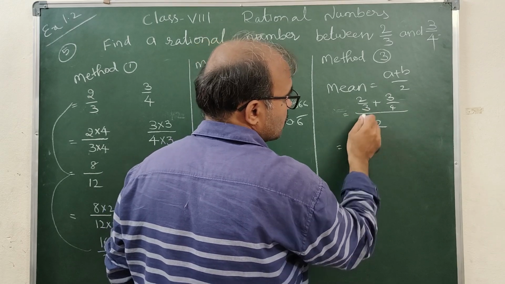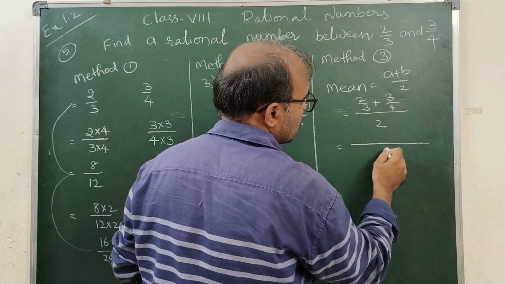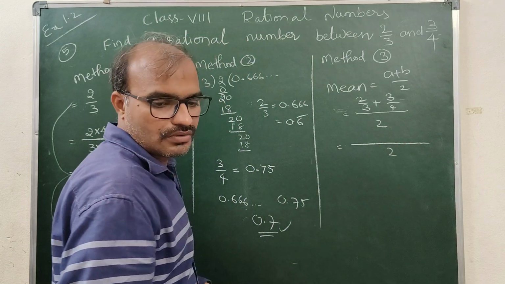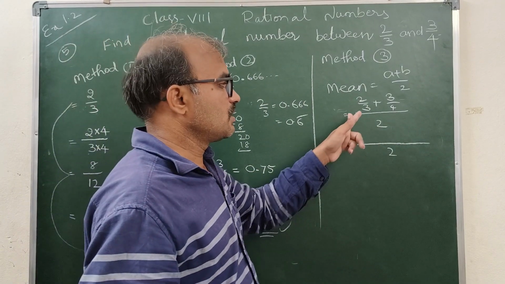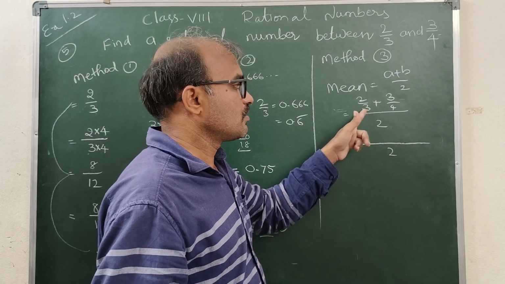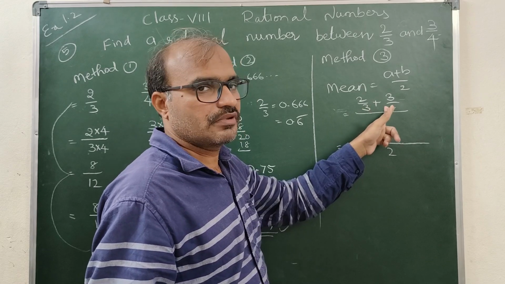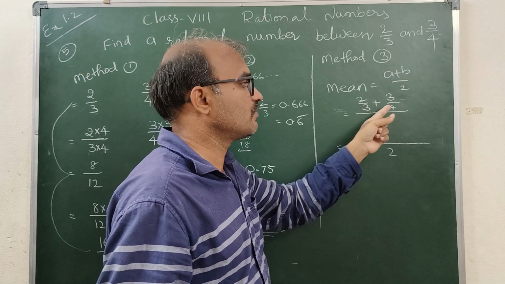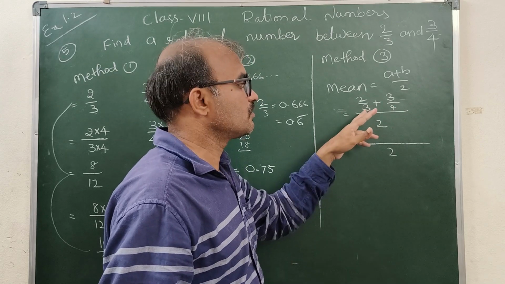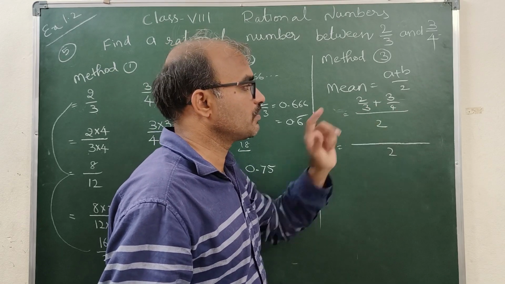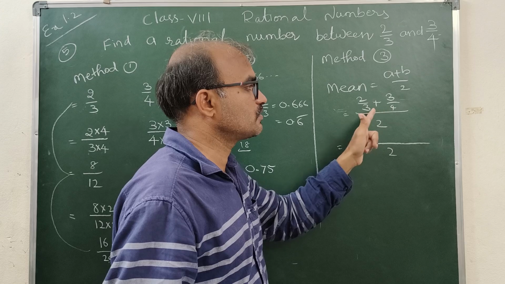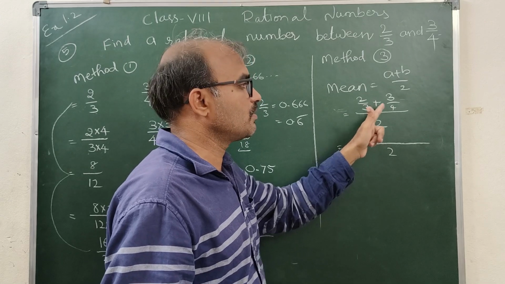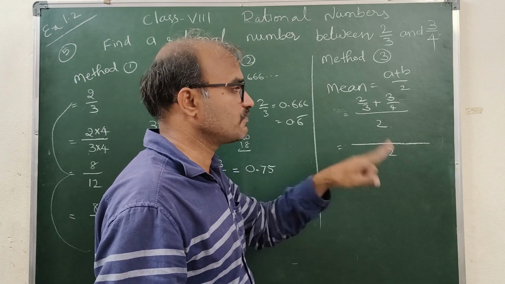So easy method is, denominators are not same. When you are simplifying addition or subtractions, you have to equalize the denominators. So that's why you should see the LCM of the denominators. LCM of denominators is 12. Means in 3 table and 4 table, the first number that comes is 12.